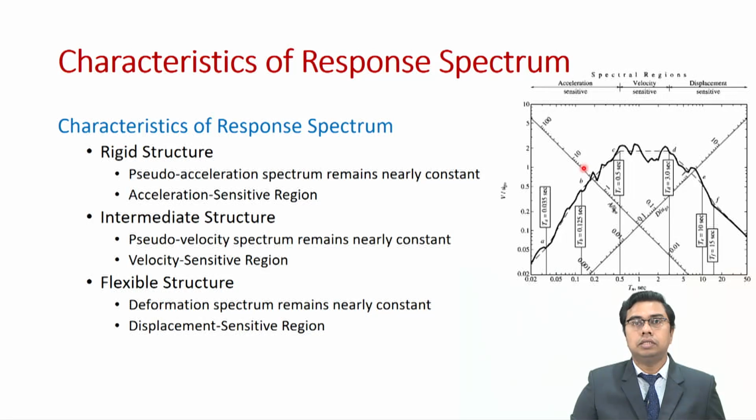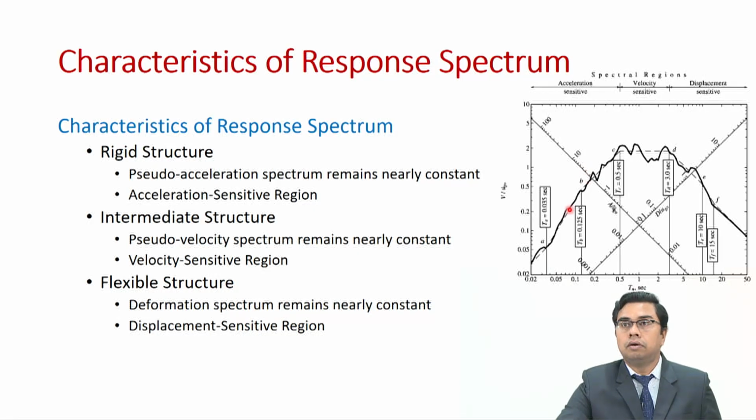Let us now try to understand what are the different characteristics of the response spectrum. Once we have the tripartite plot, we see that for rigid structures, the value of pseudo acceleration remains nearly constant. As you can see, this is the pseudo acceleration axis, and the pseudo acceleration value remains nearly constant for rigid structures.